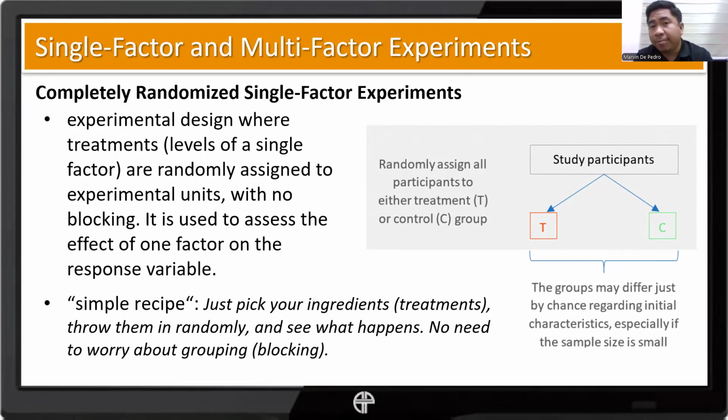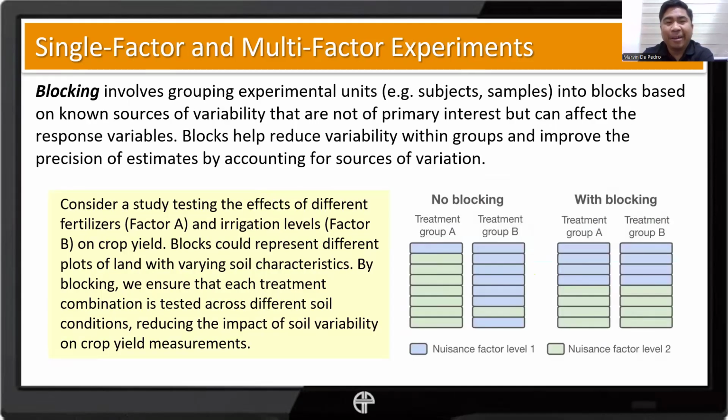Actually, the examples that we had earlier, plus the examples that I'm going to feature in a separate video, are single factor experiments, meaning we are considering one factor only, right?